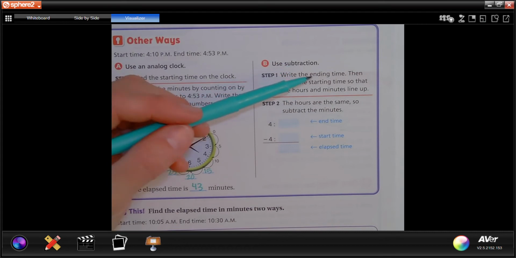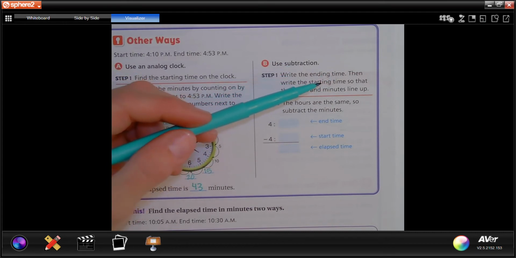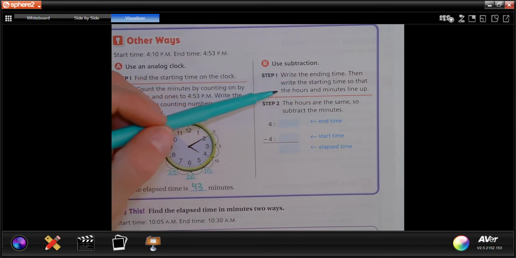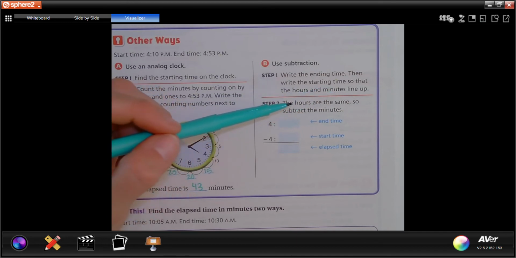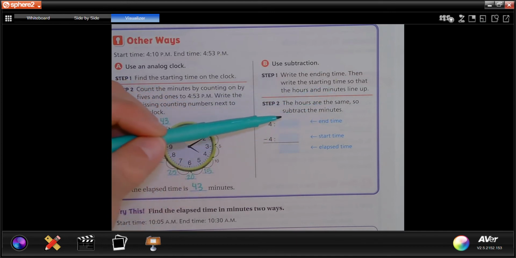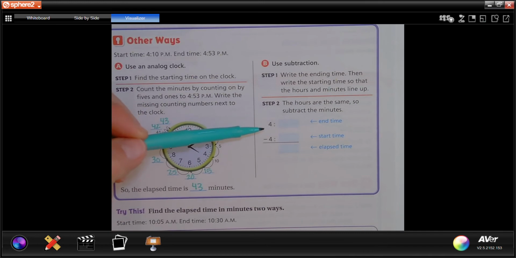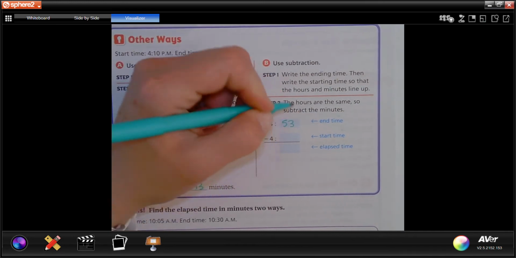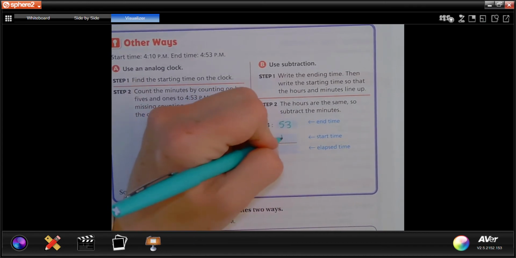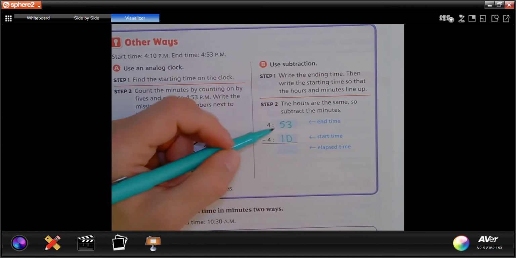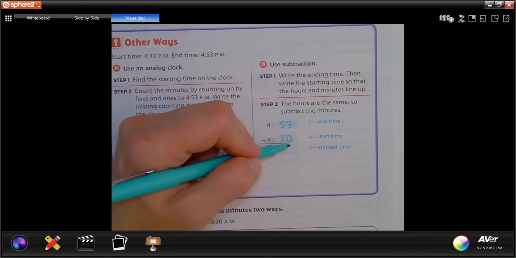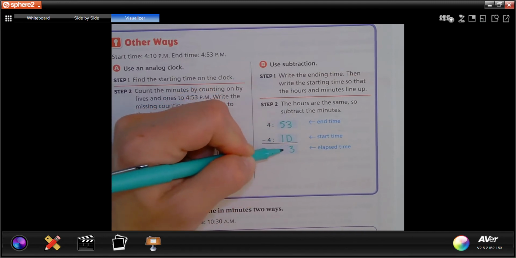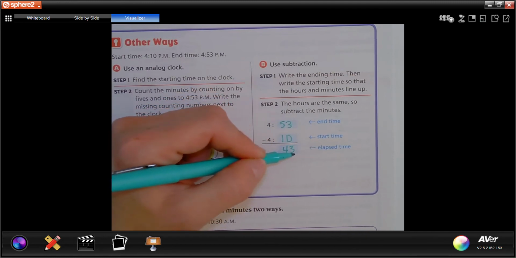Step 1. Write the ending time, then write the start time so that the hours and minutes line up. The hours are the same, so subtract the minutes. Okay, so our end time is 4:53. Our start time was 4:10. Our hours are the same, so we're going to subtract the minutes. 3 minus 0 is 3. 5 minus 1 is 4. Elapsed time is 43 minutes.